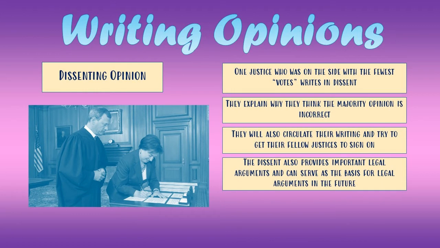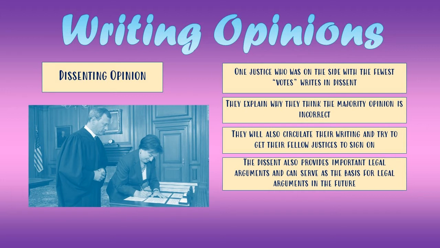These other 2 opinions don't have to happen, but if a judge feels strongly enough, they can choose to write a different opinion. So first we'd have a dissenting opinion. A judge who is on the side with the fewest votes may decide to write a dissent. They will explain why the majority is incorrect, so they'll give different constitutional reasons. They're also going to circulate what they wrote and try to get the other justices to sign on.